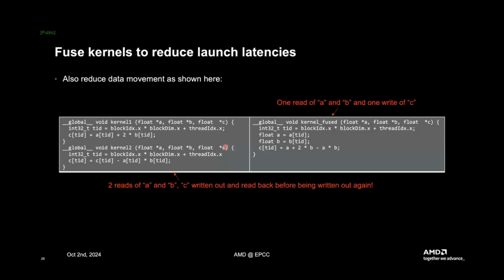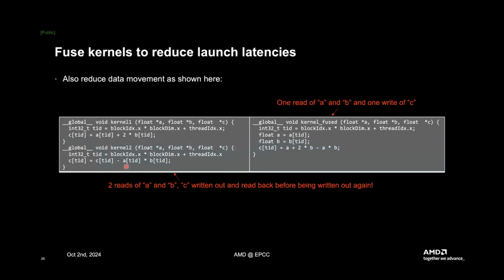Okay, so in some cases, we may want to fuse kernels. The main reason is to avoid the launch latencies. Instead of launching multiple kernels, you launch fewer. And in this case, we also benefit from fewer data movement. If you notice, we are reading A, we are reading B, and we're writing to C in the first kernel.